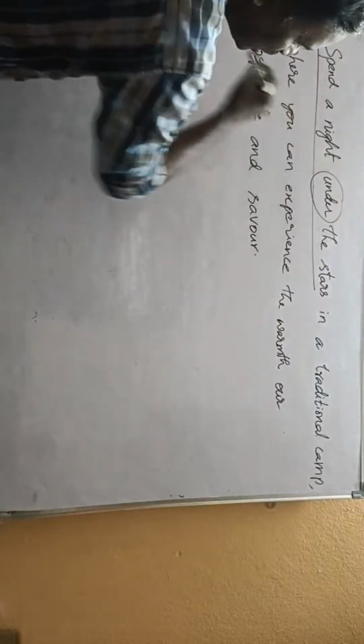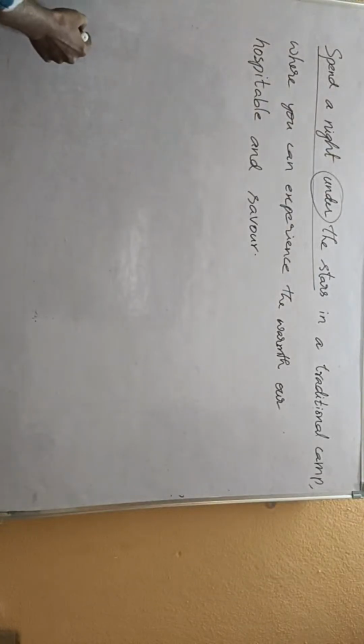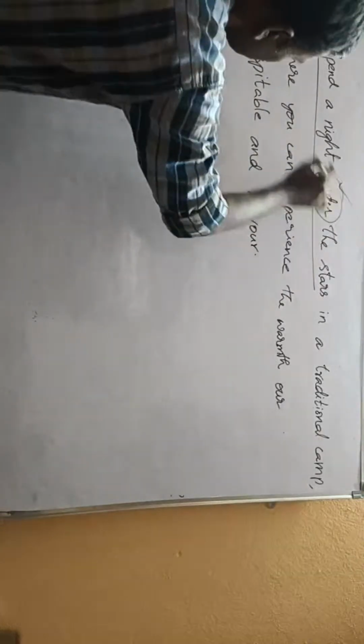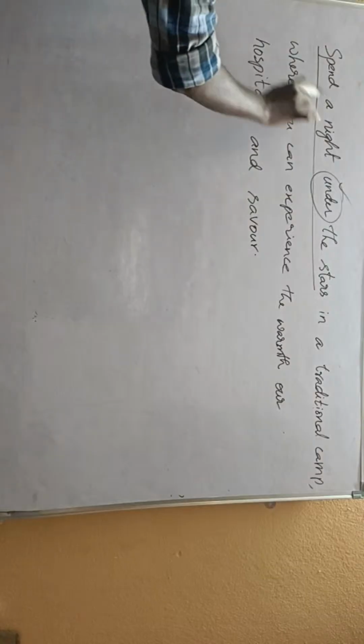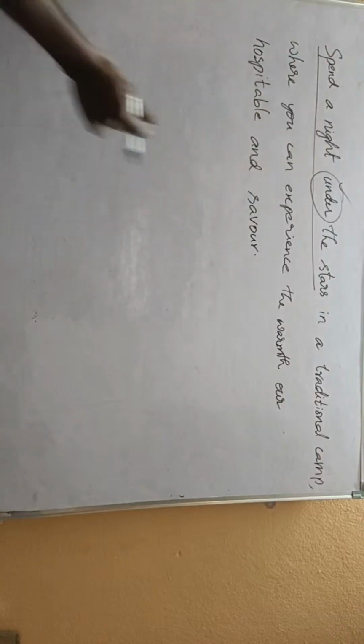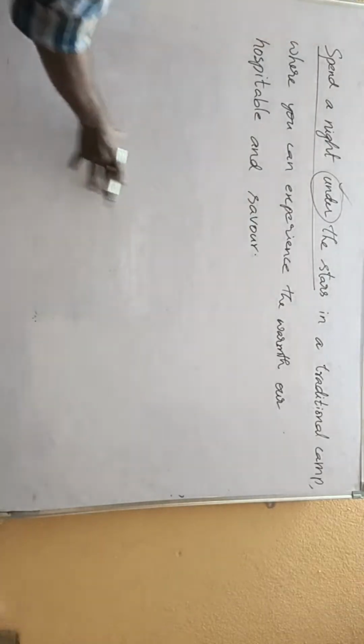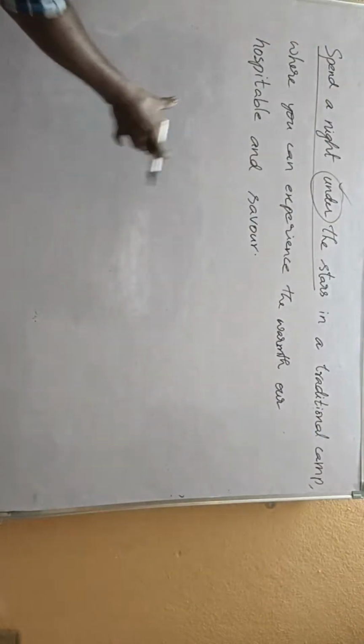Here you see, spend a night under the stars. Many people thought that under should not be used like that. But under is correct. Spend a night under the stars. Don't say below the stars. Below means exactly countable, a certain distance.